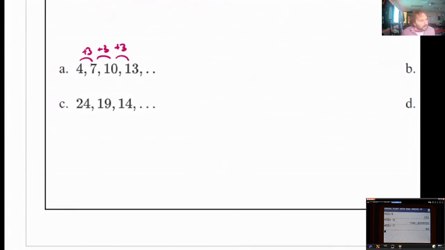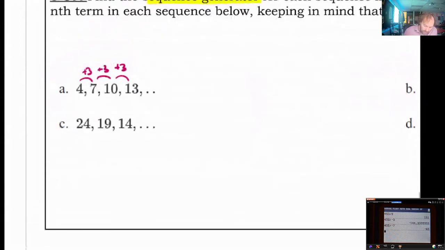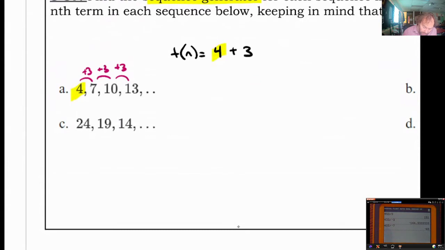That's it. Now, if you want to write an equation, you've got kind of two ways to do this. I'm going to show you two ways right now. The first way is the way that I think is the simplest, but it's not necessarily the most obvious. So what you do is take your first term, which is 4, and you're going to add to that the common difference of 3, but you're going to multiply it by, in parentheses, n minus 1.